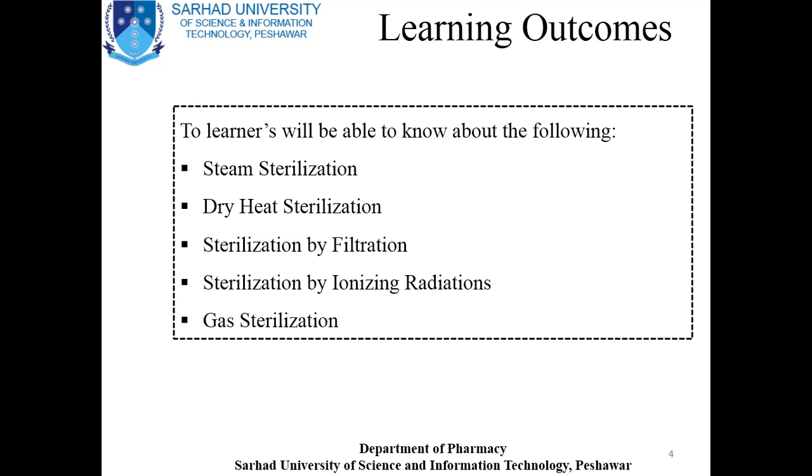The 5 methods of sterilization include steam sterilization, also termed as moist heat sterilization, dry heat sterilization, sterilization by filtration, sterilization by ionizing radiation, and ultimately the fifth one, gas sterilization.